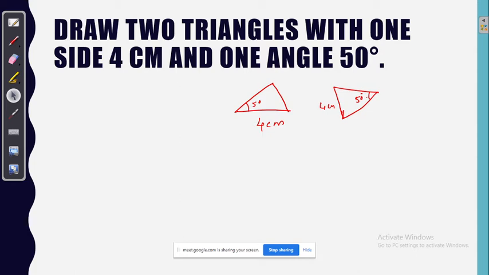And tell me when you finish, okay? Take a protractor and mark this 50 degree, and then you can even use a compass to do that. Make sure one angle is 50 degree and one side is 4 centimeter, okay? Draw two triangles like that.